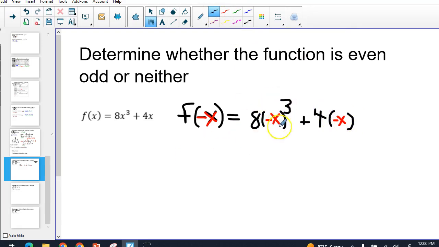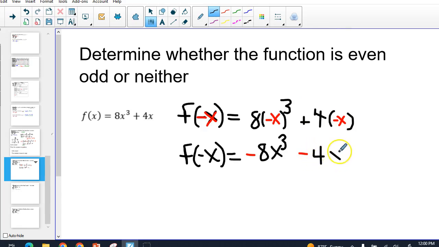So we have our negative raised to an odd power. So I can take out the negative because the sign's going to stay the same with our solution. So we have f of -x is equal to, bring out our negative, so we have negative, we still have our 8, and then x cubed. Okay. -x times 4 will give us minus 4x.